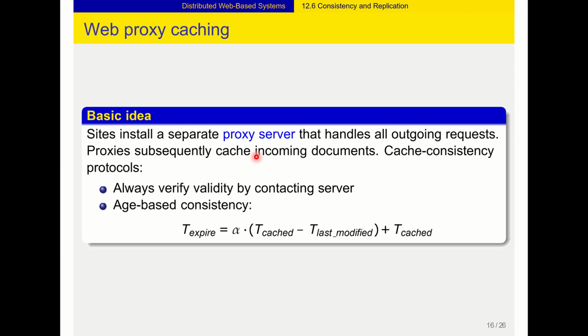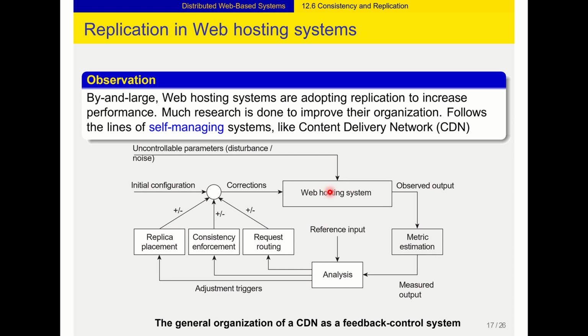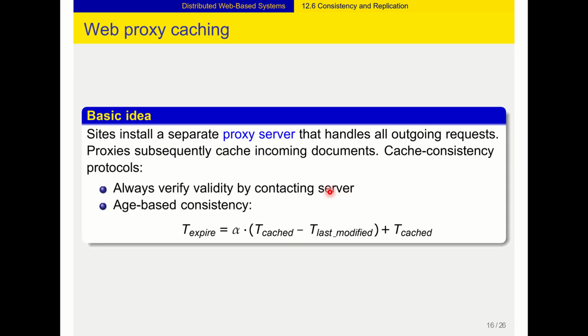Proxies cache incoming documents, and we use a cache consistency protocol that verifies validity by contacting the server. In proxy caching, a proxy server sits between the client and the internet, and it handles all outgoing requests.